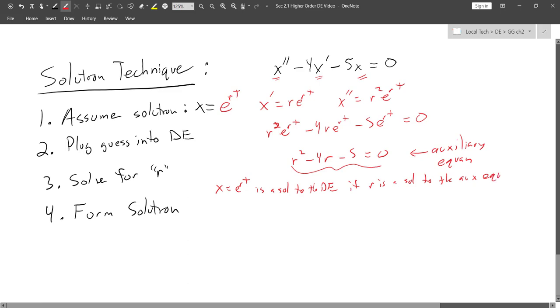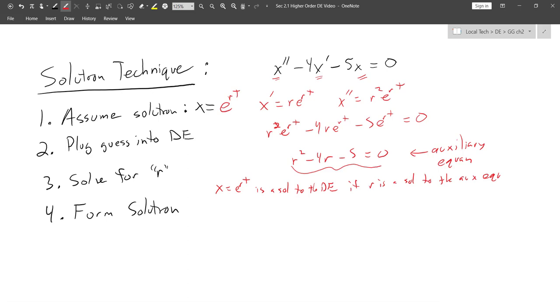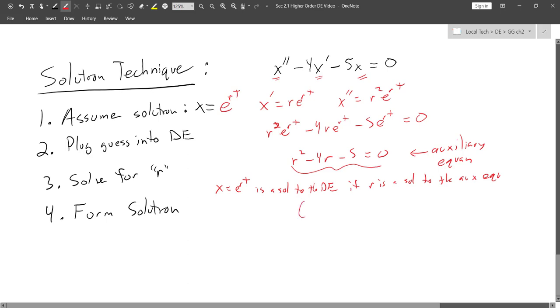So this lets us solve the auxiliary equation to find the right values of r to make our guess actually work.